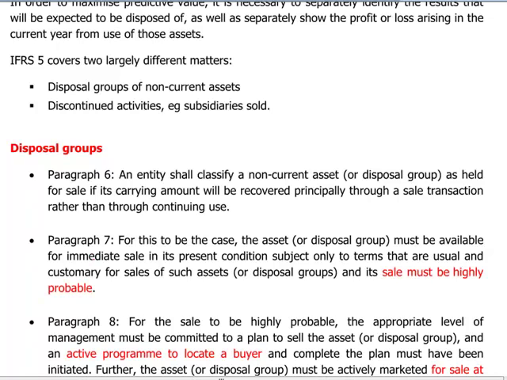We have to disclose the fact that the non-current assets, or the group of non-current assets, called a disposal group, will be recovered via a sale transaction. In order to reflect this in the accounts, the sale should be highly probable, and the asset or the group of assets should be available for sale in their current condition. So I don't have to do any repairs to the asset before I sell it.